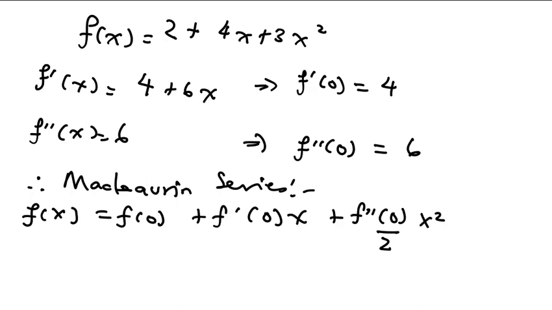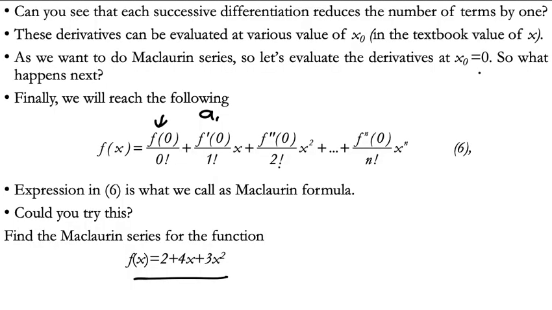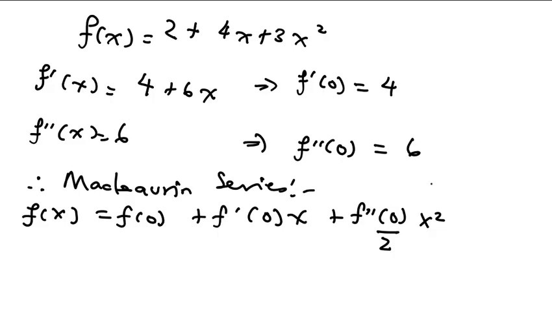If you recall back here, we have 2 factorial. So 2 factorial means 2 times 1, which is equivalent to 2, isn't it? So that's why here I don't put 2 factorial.